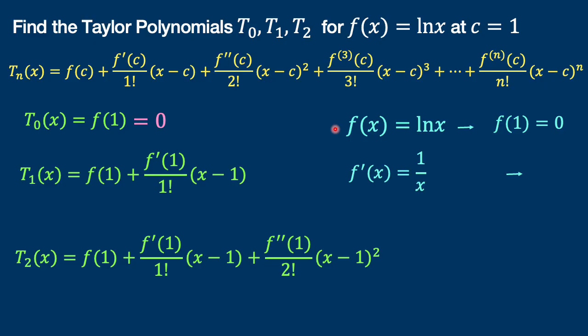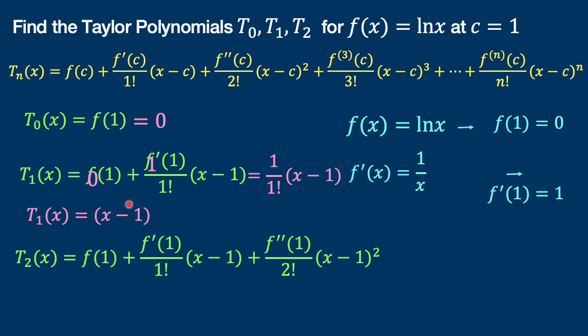So f prime of 1 is 1. This one is f of 1 is 0, f prime of 1 is 1. We have 1 over 1 factorial times (x minus 1), which means T1(x) is going to be x minus 1. We need the second derivative. 1 over x means x to the negative 1.